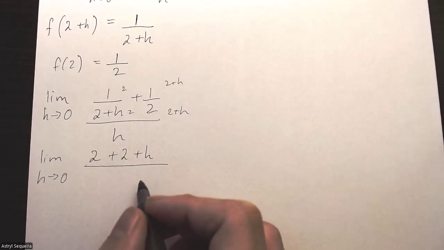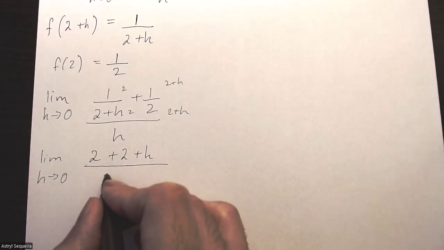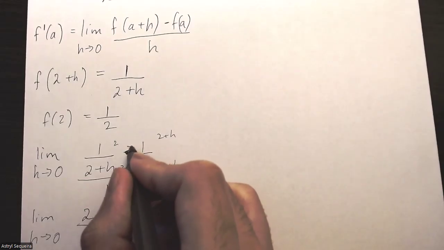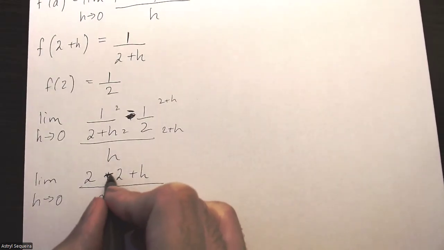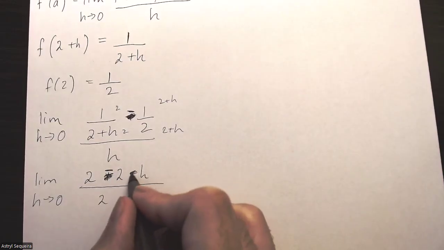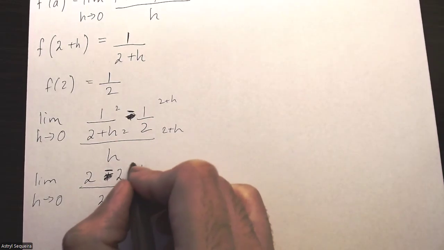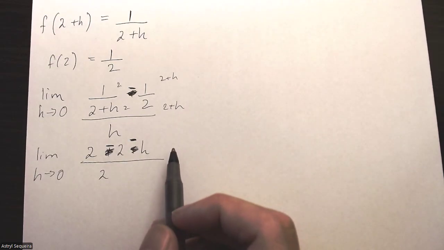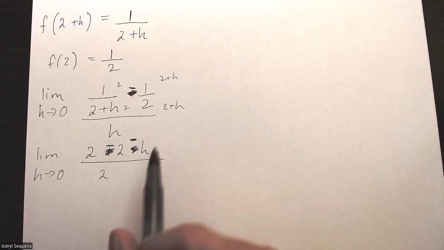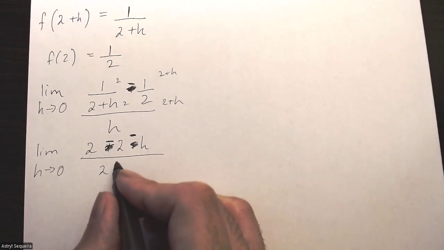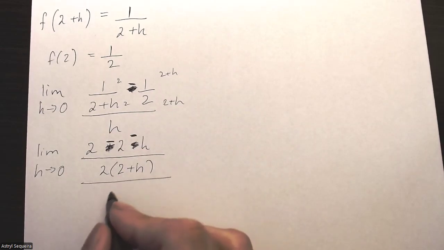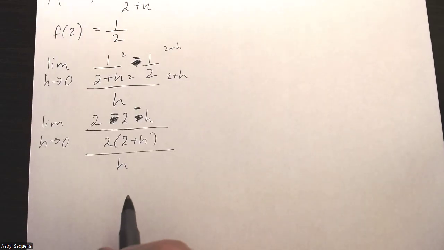Oops, I have a tiny mistake here. It's a minus, not a plus. Minus is minus, and then a negative 1 times negative h is negative h. So this negative distributes into that multiplication. On the bottom, I have 2 times 2 plus h, and all of this is divided by h.